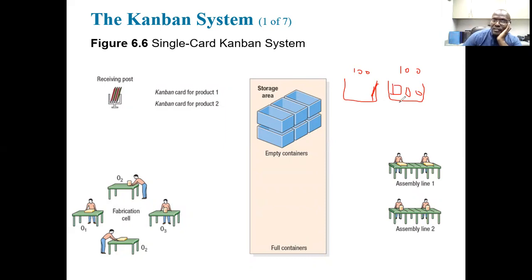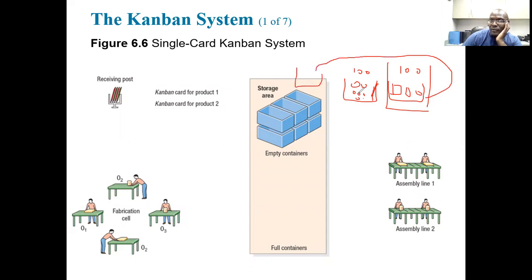And the 2-bin system usually works such that an operator will be working on one bin, and while he's working on one bin, the other bin will be getting product ready, such that when this first bin is done with, this empty bin becomes a signal that we need more product.